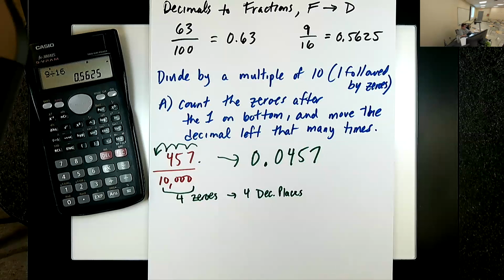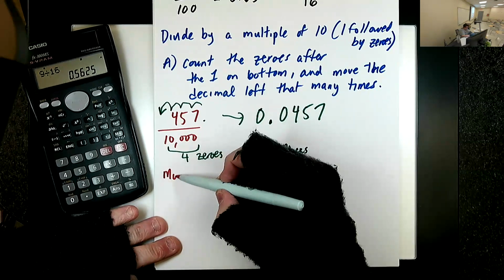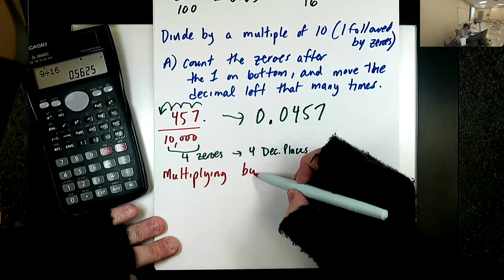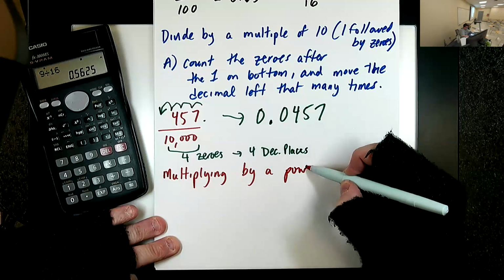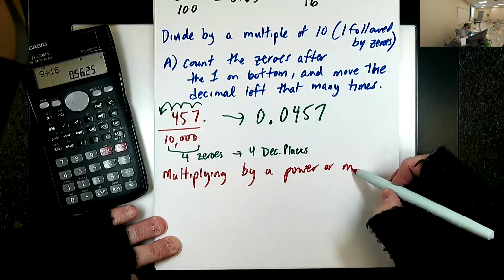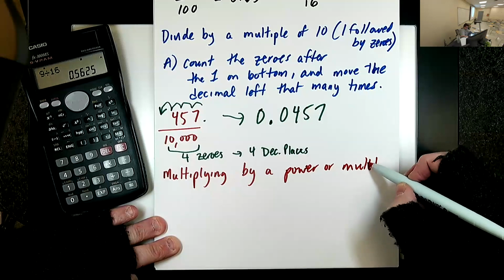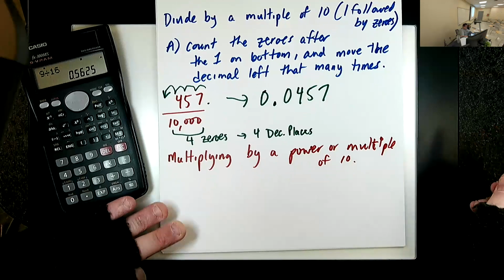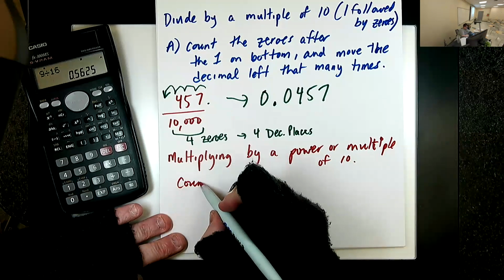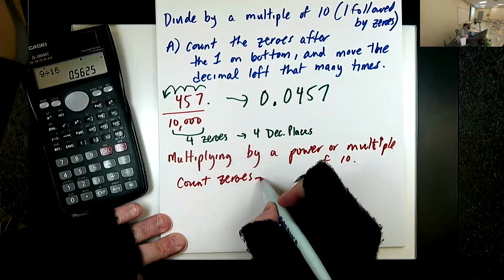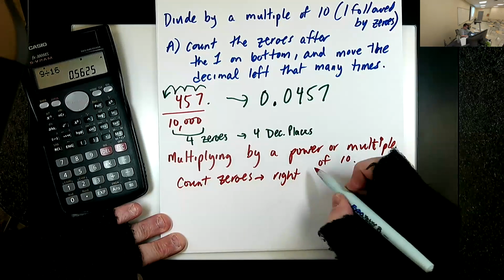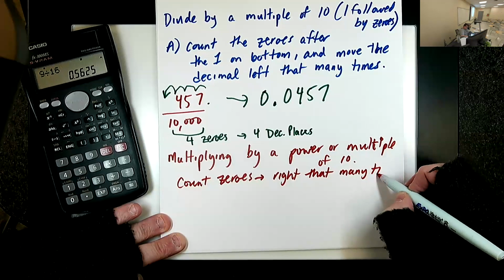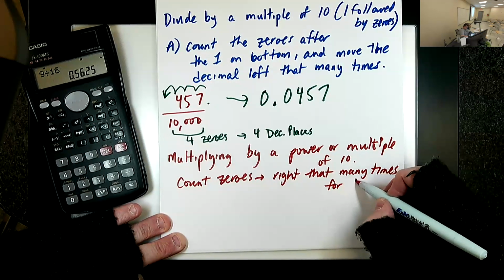Multiplying by a power of 10, a multiple of 10. Count the zeros and go right that many times for the decimal place.